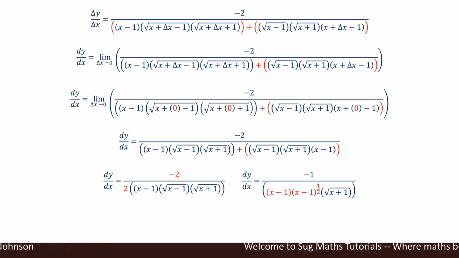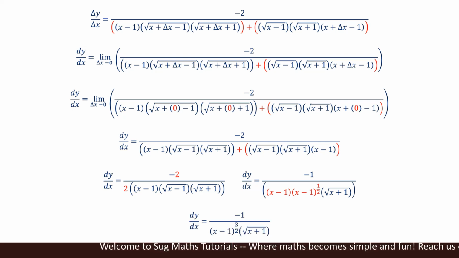So we're going to simply add their powers, the exponents. So that means we're going to have 1 plus 1 all over 2 is going to give us 3 all over 2. So that means when we multiply these two together, it's going to give us x minus 1 in bracket raised to the power of 3 all over 2, then square root of x plus 1.